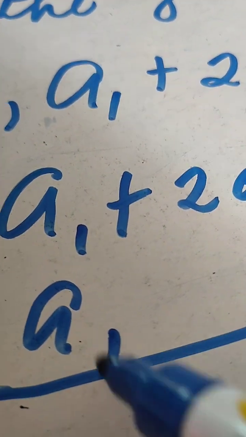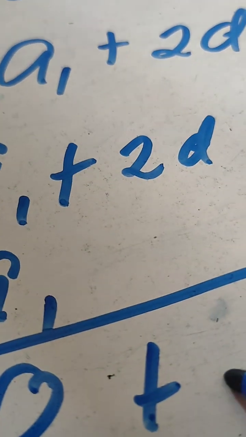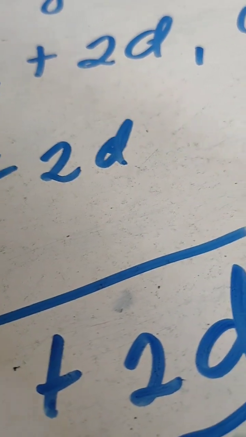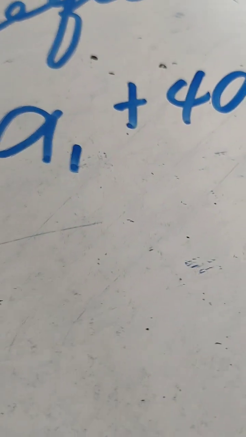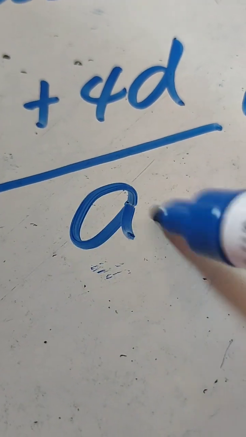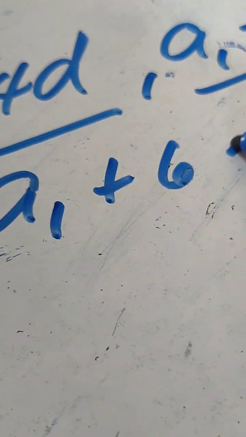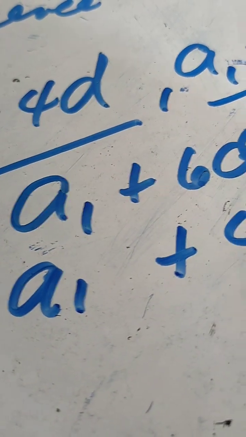So, a sub 1 minus a sub 1 is 0. So, what is left is 2d. So, this is our first difference. To prove that it is really 2d, you can choose a sub 1 plus 4d with a sub 1 plus 6d. So, a sub 1 plus 6d and a sub 1 plus 4d.